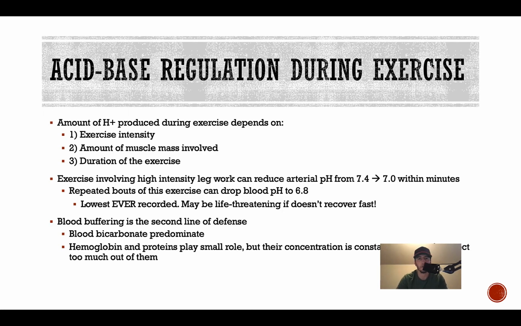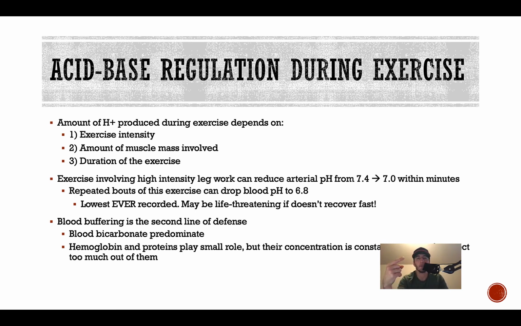Trying to think about what type of exercise can produce the greatest level of acidity or decrease the pH the most. We're going to have three primary regulators. We're going to have exercise intensity, amount of muscle mass involved, and duration of the exercise. All three of these make sense with those three causes of the change in hydrogen ion concentration, right?